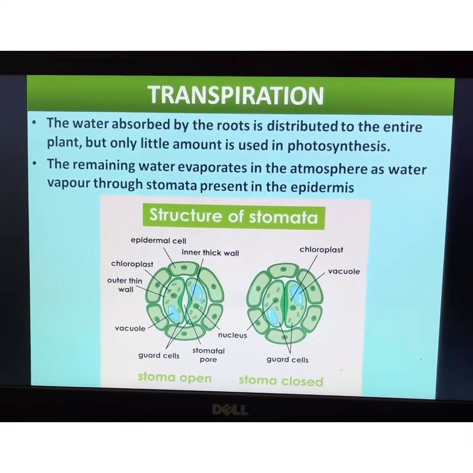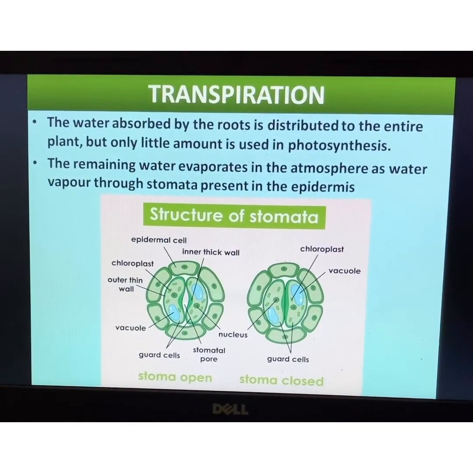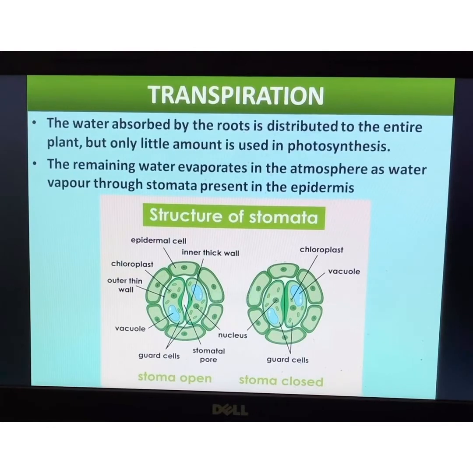But in respiration, just like you and me, the plant cells also breathe in oxygen and breathe out carbon dioxide. So this stomatal pore is mainly for exchange of gases, but also through this opening, the water molecules are evaporating in the form of water vapor. Clear, children? Good.